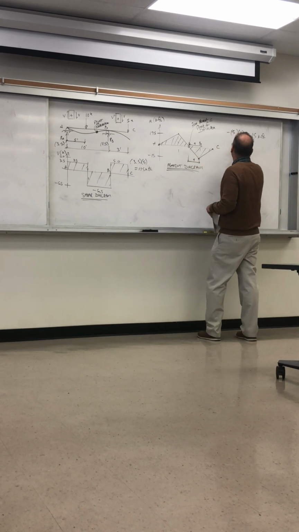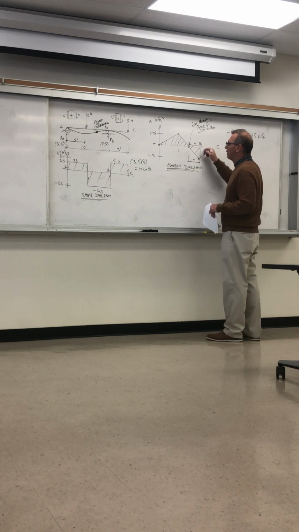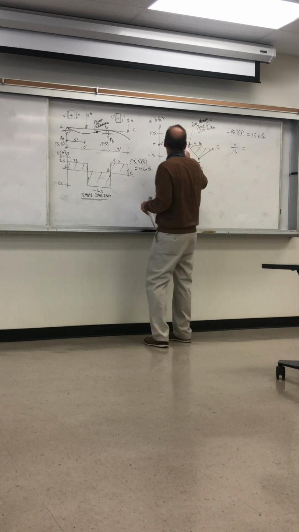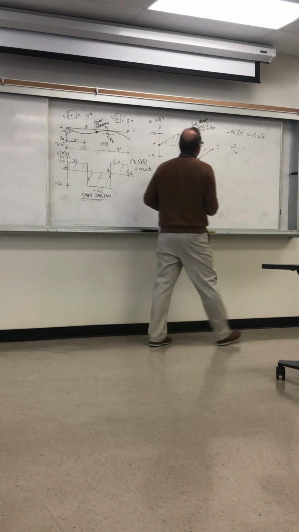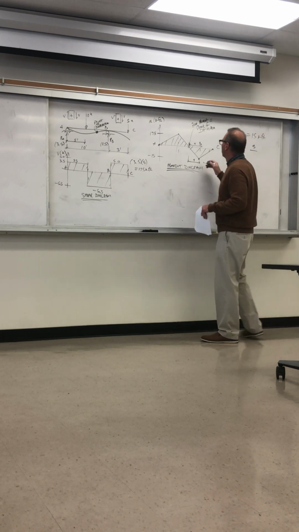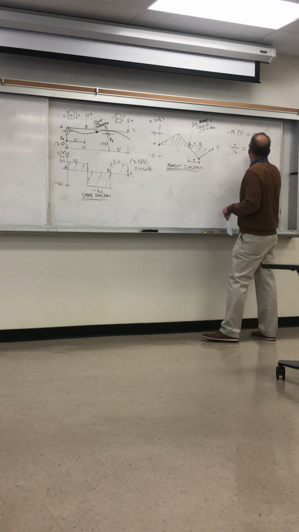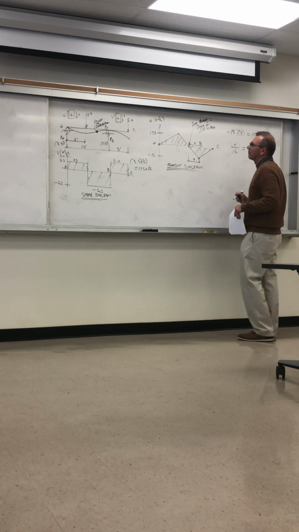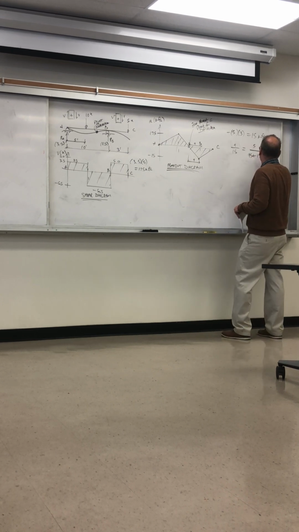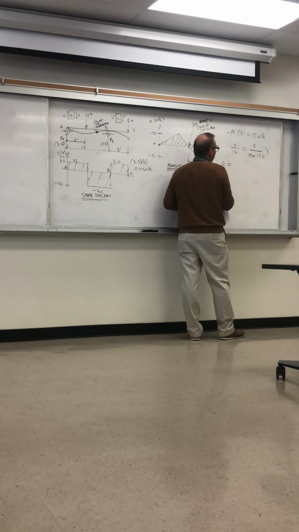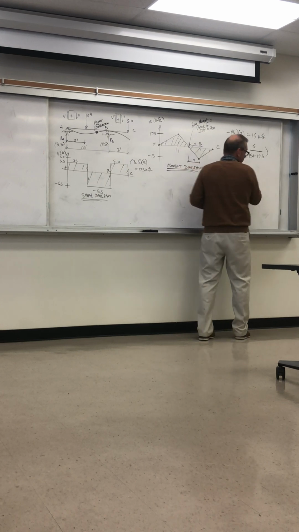So little a, divided by this moment, absolute value 15, is equal to this whole distance from here to here, which is 5, over 15 plus 17.5. So solving for a, that's just similar triangles.